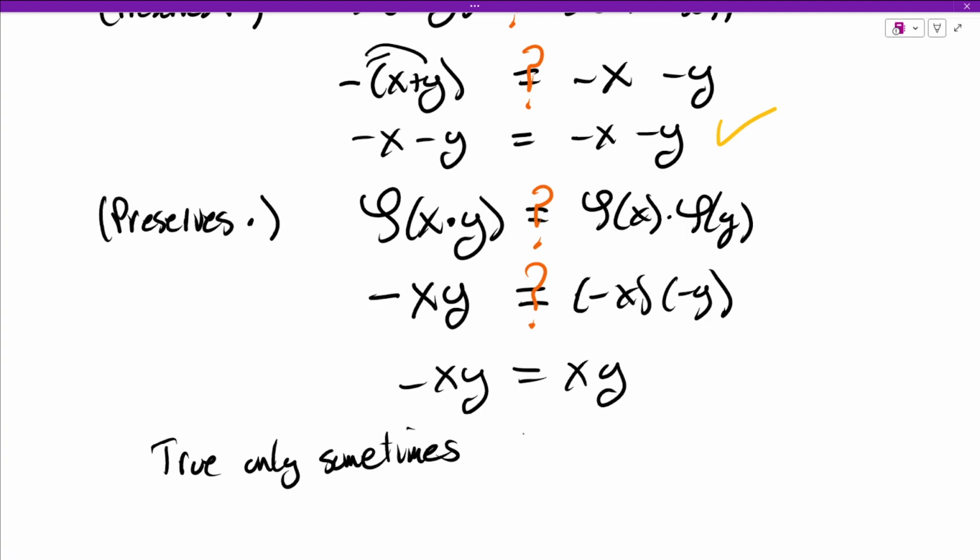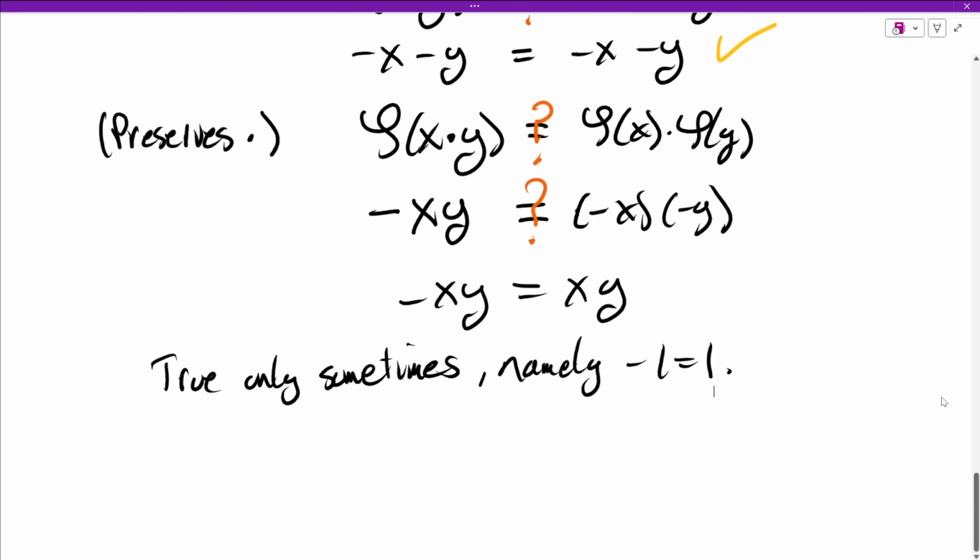So it's true sometimes, namely, I didn't say this correctly, namely when negative 1 and 1 are the same. So what are examples of such a ring where that would be true? Well, we saw F2, 1 and negative 1 are the same, and we can look at polynomials over F2. And we actually saw this other thing, F2 squared, in class, where 1 and negative 1 happen to be the same thing.